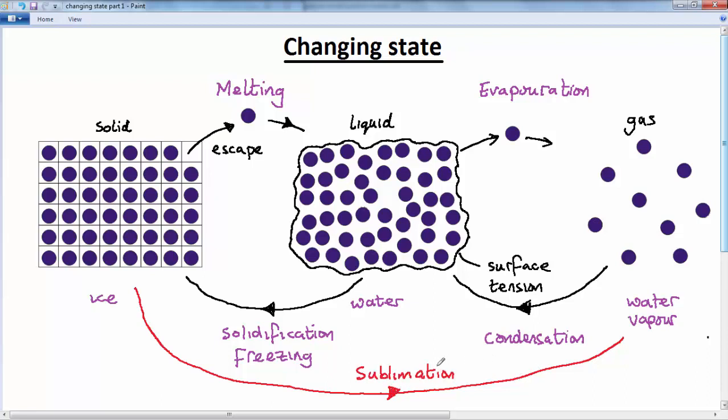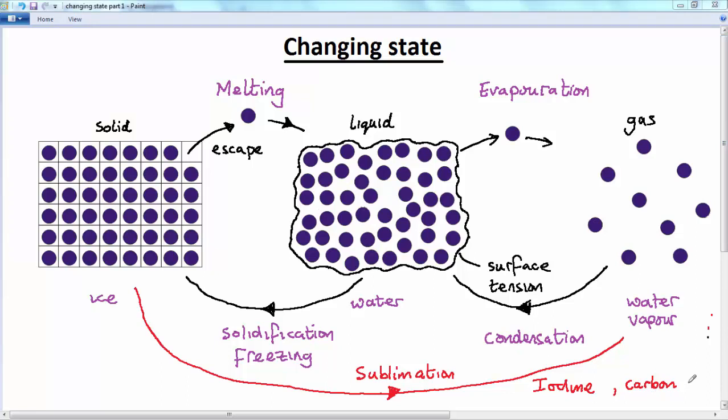The same word is also used in the reverse, where the substance goes from a gas back into a solid. That occurs with iodine and carbon, for example. So these don't exist in the liquid state.